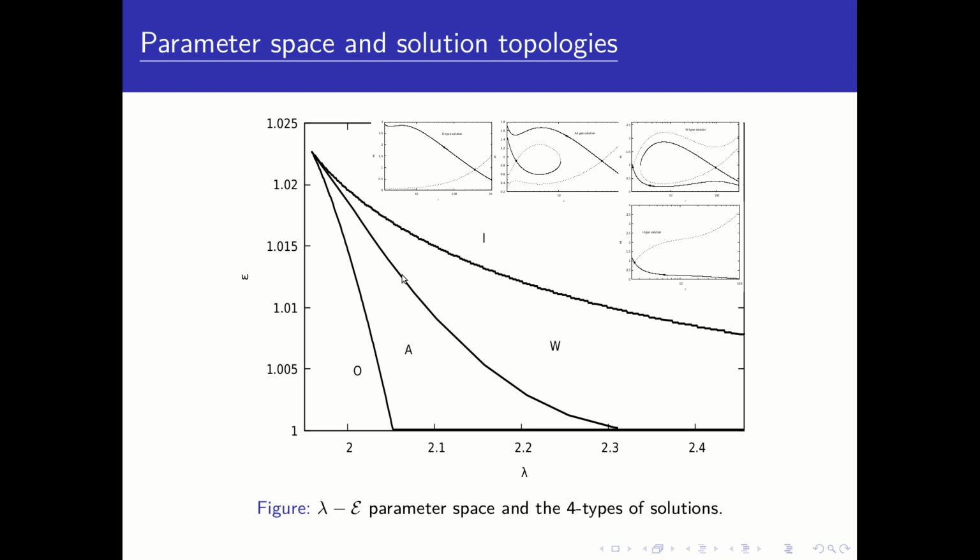In the bounded region we get multiple critical points, and the boundary represents when the entropy accretion rate at the inner critical point and outer critical point is equal. But in the W type solution, the entropy accretion rate at the outer critical point is greater than the entropy accretion rate at the inner critical point. In the A type solution, which represents this solution, the entropy accretion rate at the inner critical point is greater than the entropy accretion rate at the outer critical point.